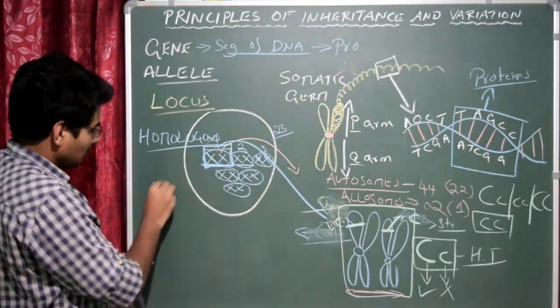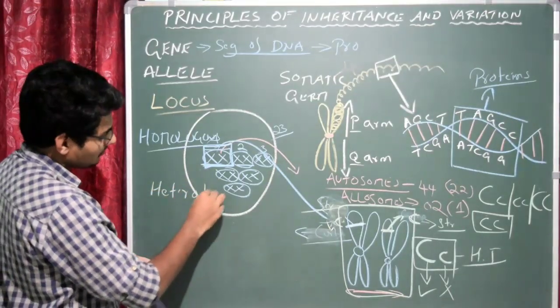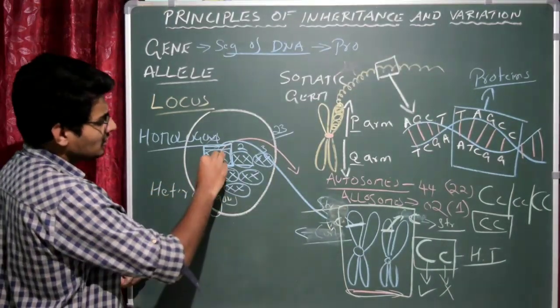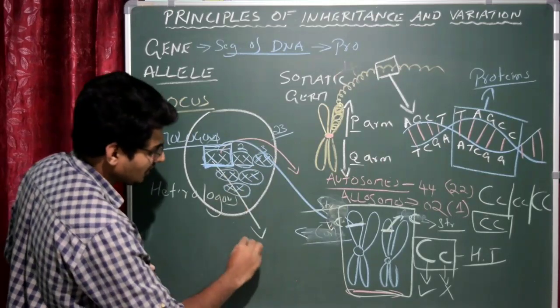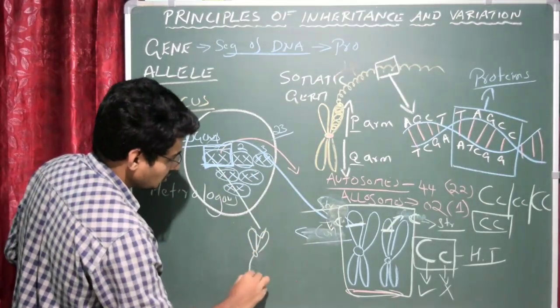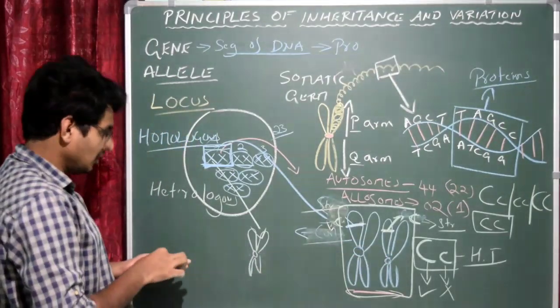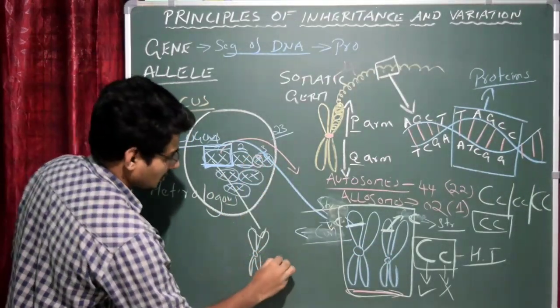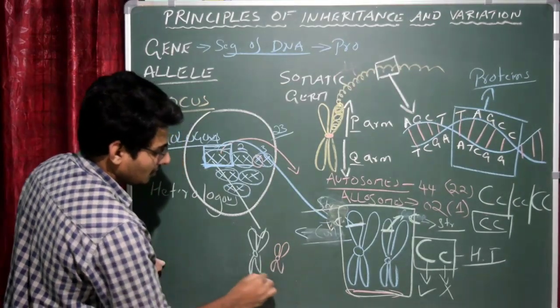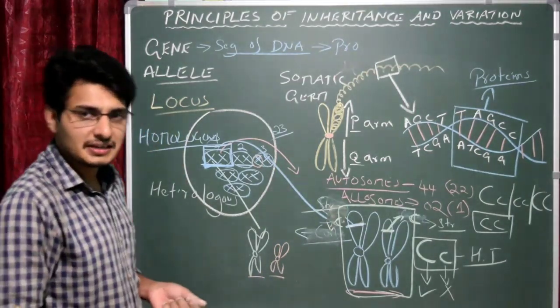What is heterologous? Very simple. I just remove one chromosome from the first set and draw another chromosome instead. Compare it now. Are they morphologically and genetically the same?